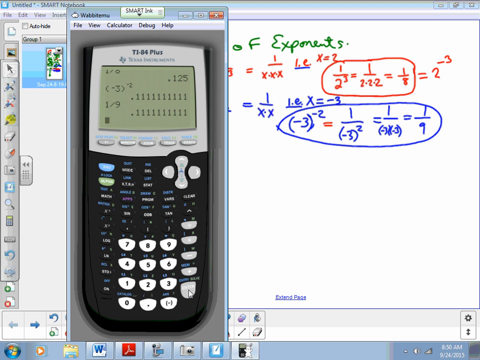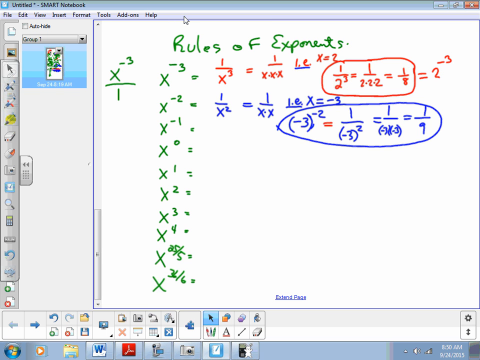The rules of exponents: if the exponent is a negative, you have to rewrite it, okay? Now, the question that you asked me: do you notice that the base had a negative exponent on the numerator side?